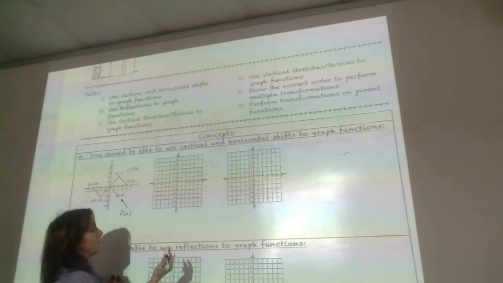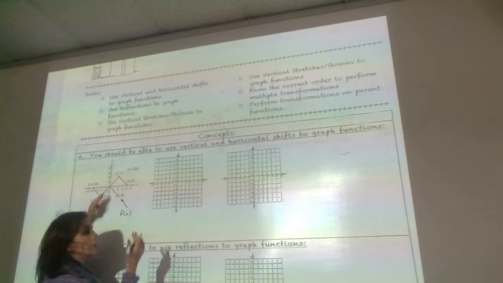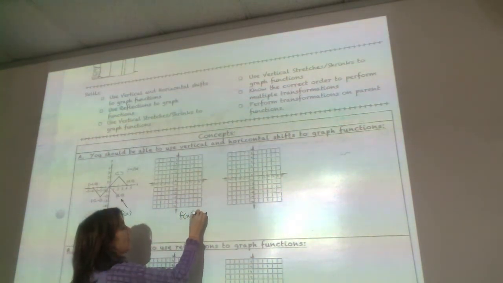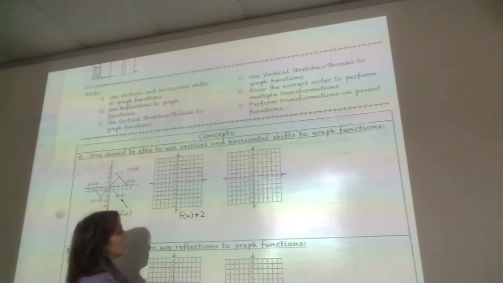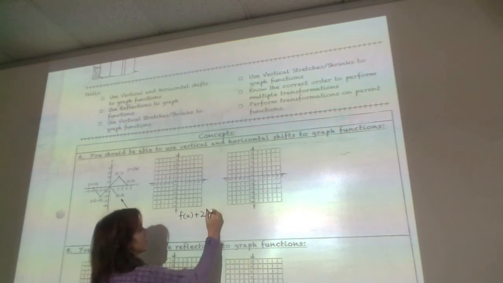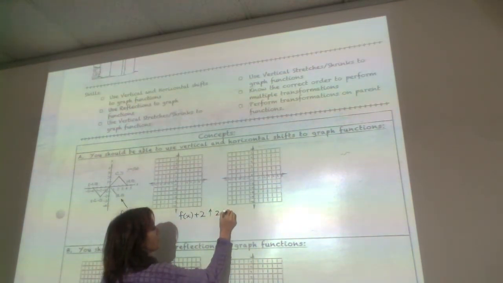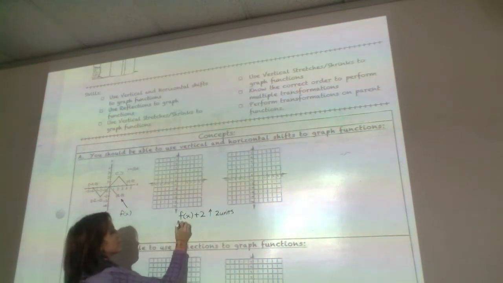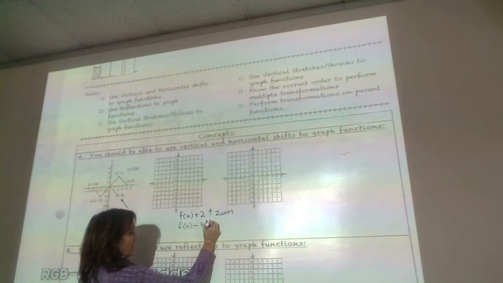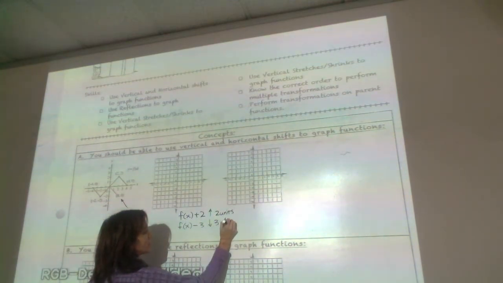Okay, for example, if I wanted to take this whole thing and shift it up 2 units, I would say that that would be f of x plus 2. Okay, so whatever the function is, we're going to take it and shift it up 2 units. So this is going to be up 2 units. Okay, if I wanted to do f of x minus 3, that would be shifting down 3 units.